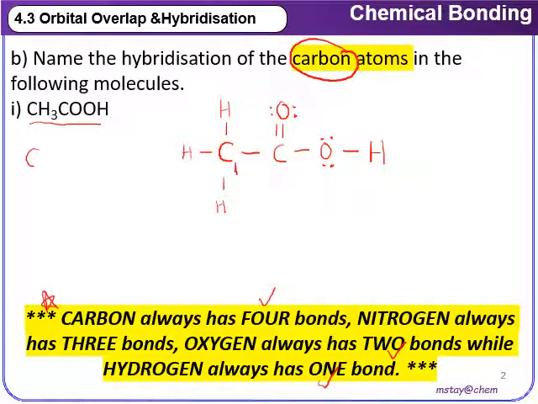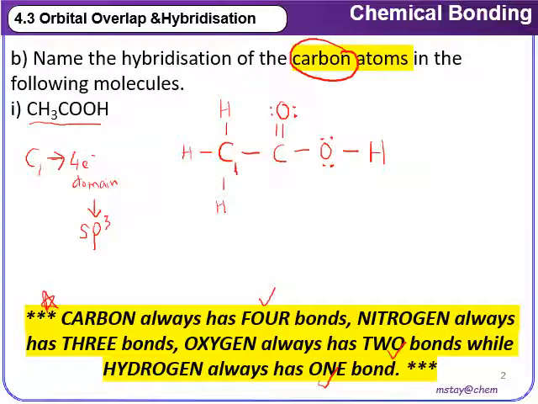Carbon 1 basically has 4 electron domain, because it has 4 single bond. So if they have 4 electron domain, based on the previous slide, the type of hybridization is sp3, where they need 4 orbitals, which make up from 1 s orbital and also 3 p orbitals.